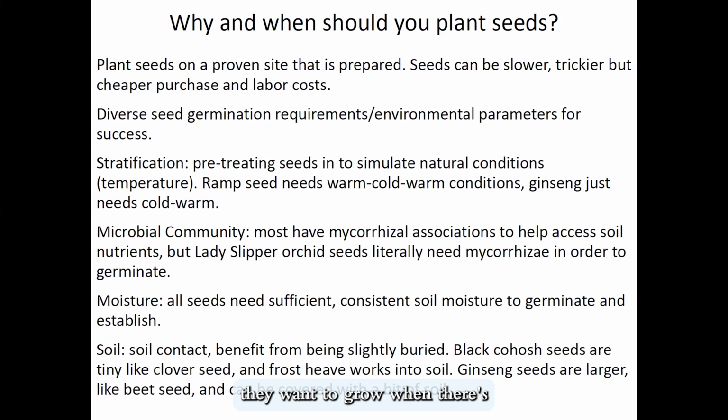Often they want to grow when there's going to be plenty of soil moisture sometime in the spring. But ramps would like to be planted while it's still a little bit warm, and then it gets cold and warm again. Whereas ginseng, you could plant in the spring after a period of cold stratification without that warm period first. So just read up, read your Bible.